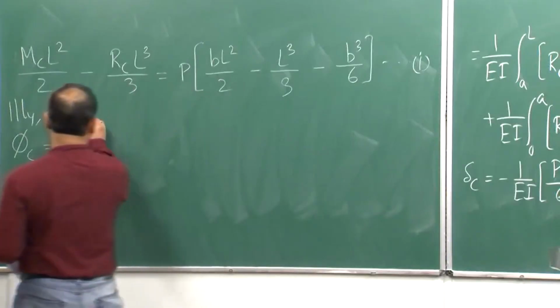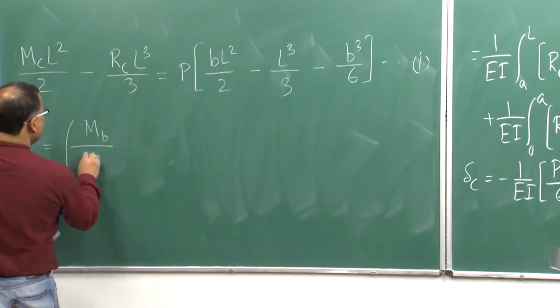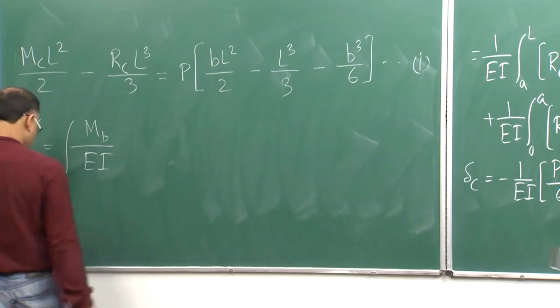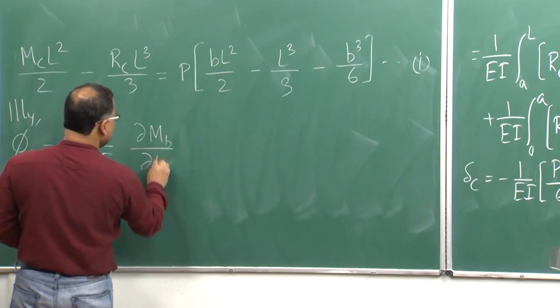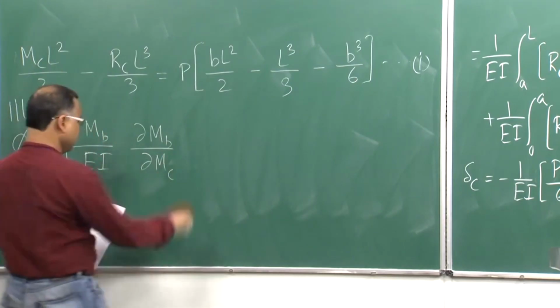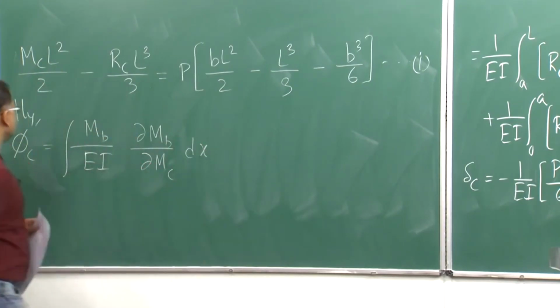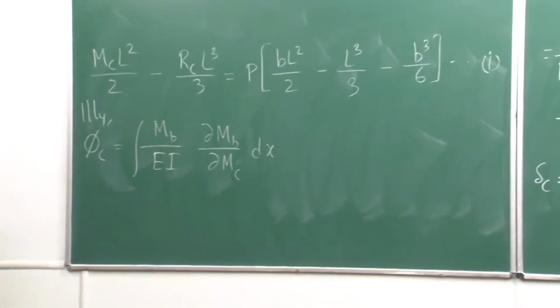So, I can simply write MB by EI, del MB del MC dx, that gives me the rotation at point C.